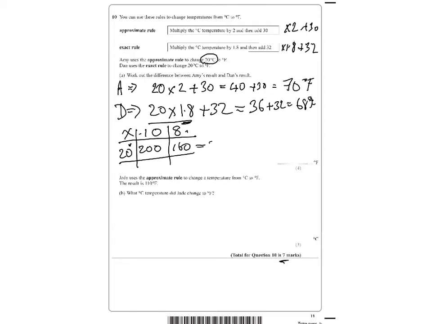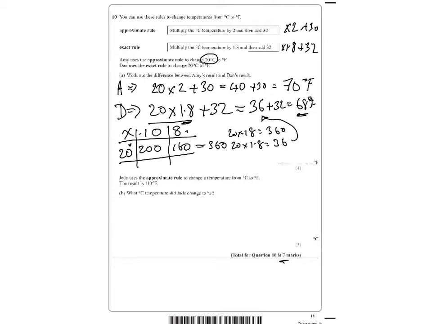I have the 20 times by the 8 gives me 160. If I add those two together, I get 360. So the answer to 20 times by 18 is 360. So the answer to 20 times 1.8 is 36, which is what I had up there.